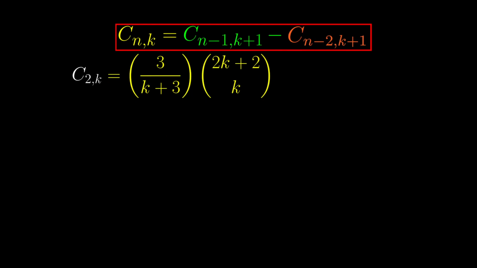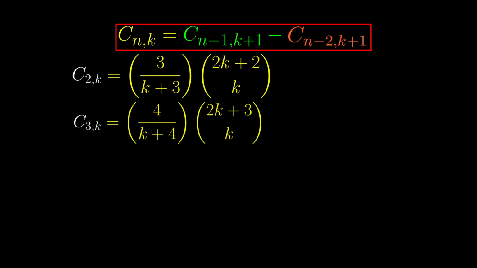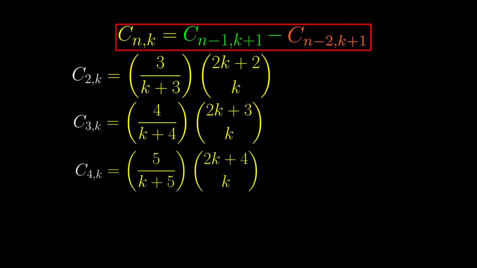Now we can do the same thing again to obtain C3k. You might have already spotted the pattern, but there is no harm in doing one more. Now C4k looks like this, which should confirm your belief in the pattern.